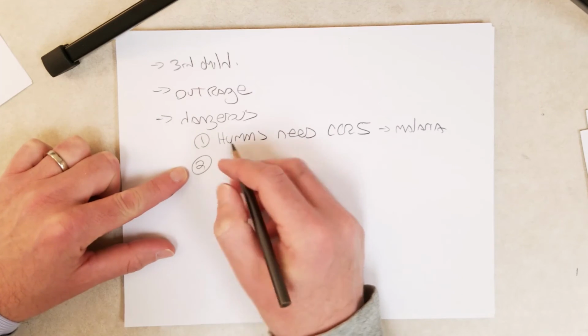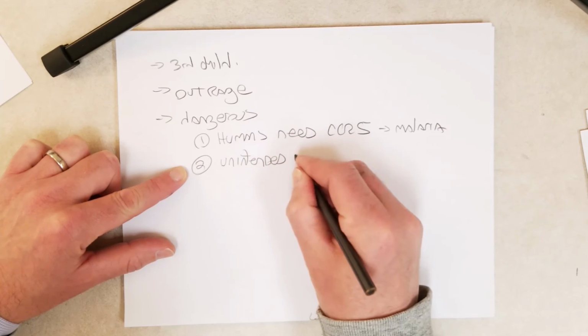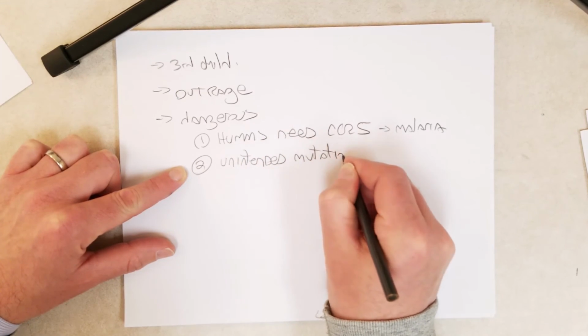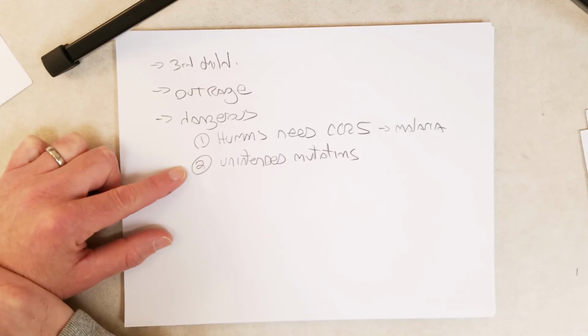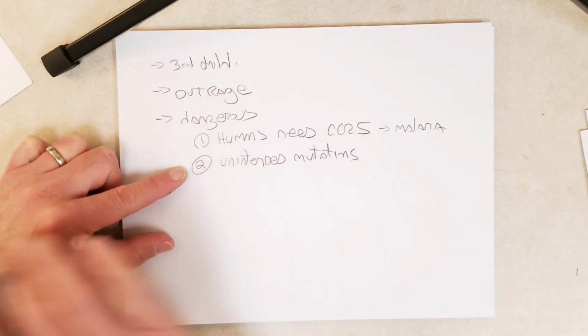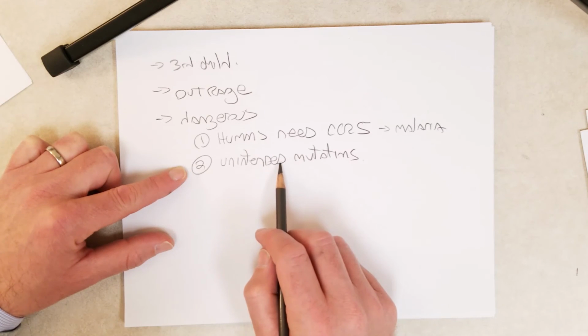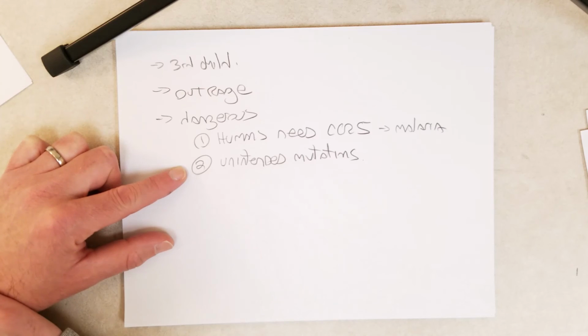Probably more importantly, unintended mutations. So injecting Cas9 and a guide RNA into an early stage embryo or at the zygote stage, scientists don't know if that Cas9 is going to make mutations at other locations.